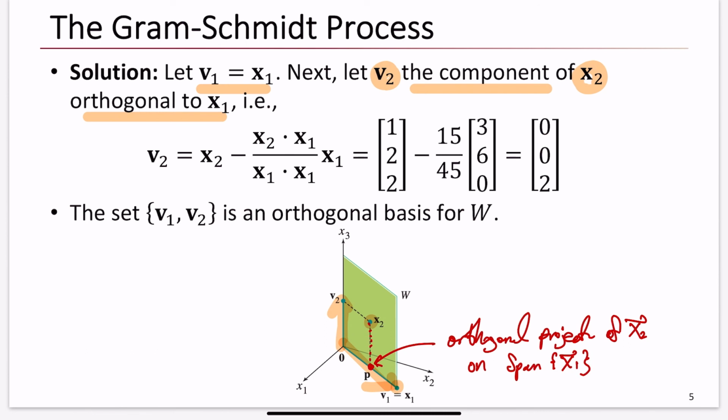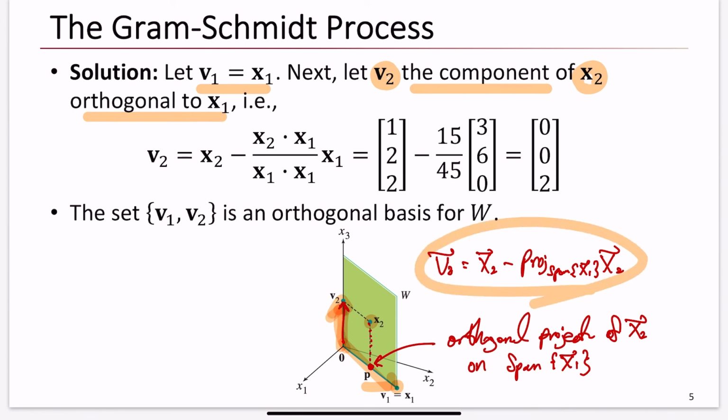Then you can just find vector v2 by x2 minus that projection. That's our strategy.